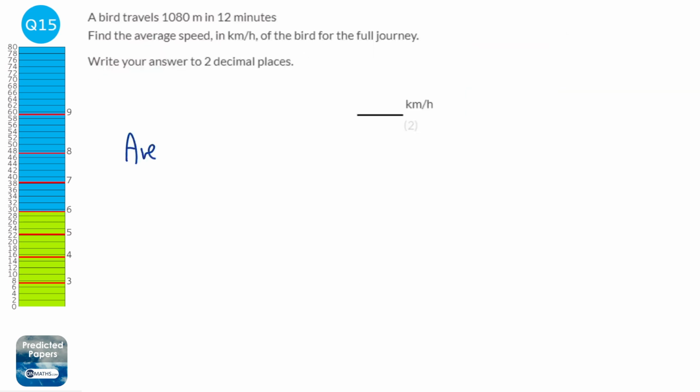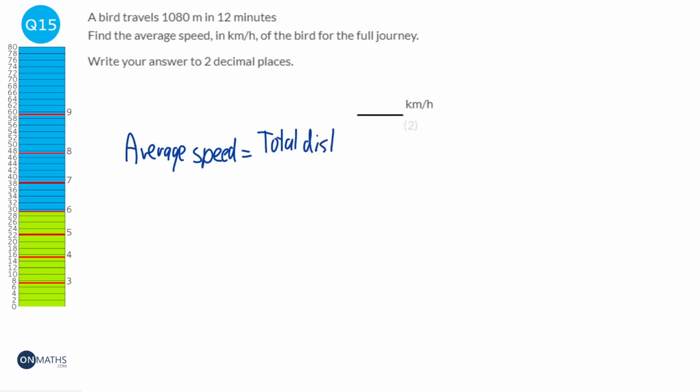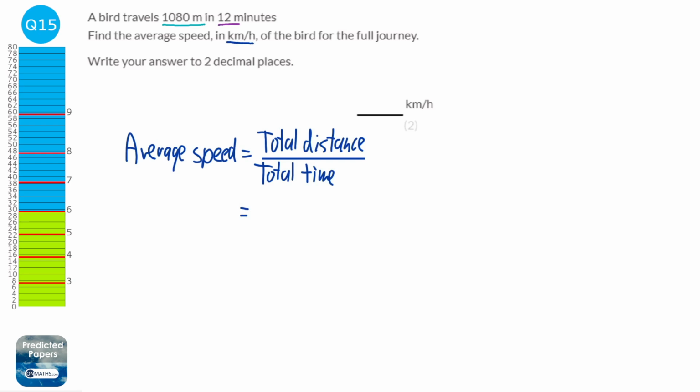To find average speed, we do the total distance and we divide it by the total time. Now in this question we've got a bit of an issue because the question wants kilometers per hour, but the units are given to us in meters and minutes.